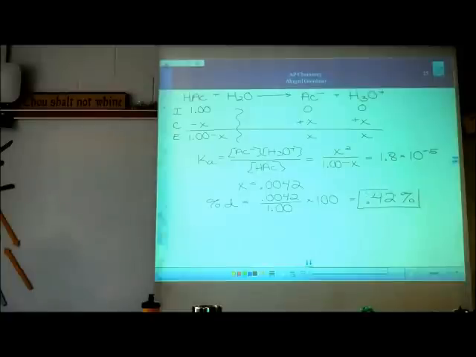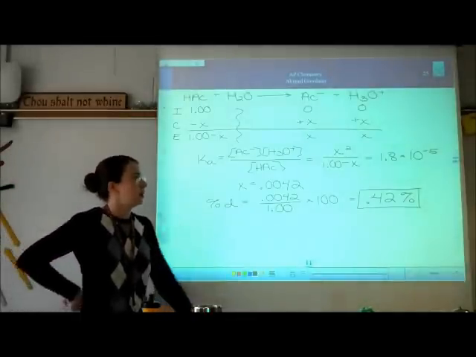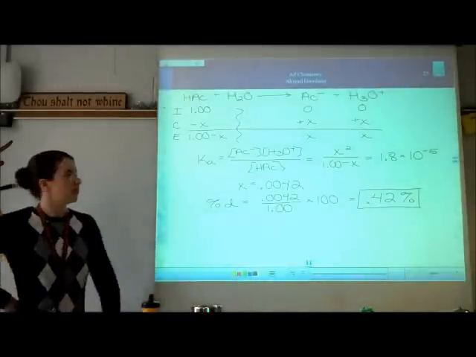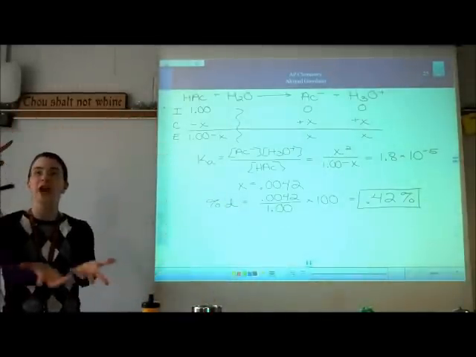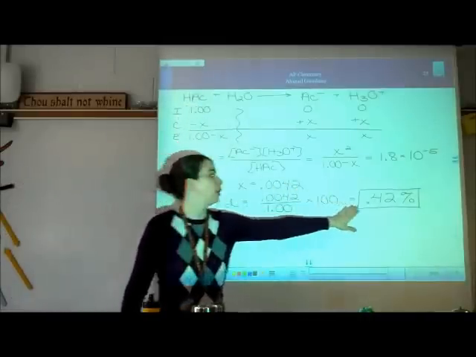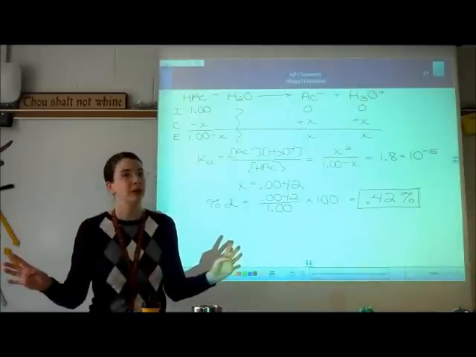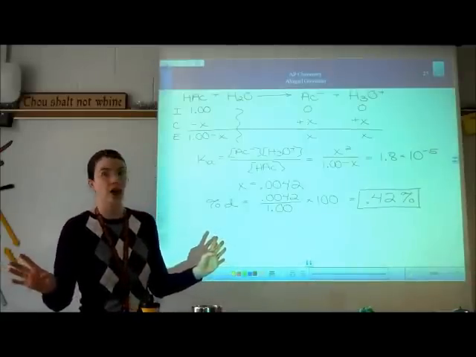Okay. Now, I want you to understand conceptually what that number represents. That means, out of my entire acid sample from the beginning, only 0.42% of it broke apart. Is that a big number? Not at all.